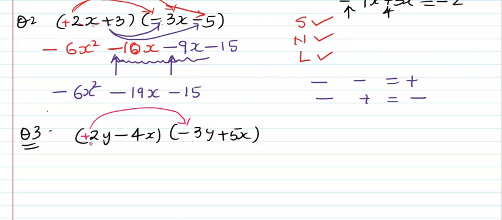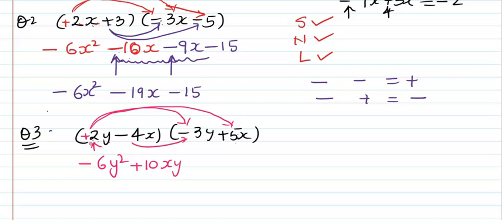Once you multiply, plus and minus becomes minus, and 2 times 3 is 6, multiply the number, and then y square. So now you understand we are multiplying this. So plus and plus becomes plus, multiply the number, here this 2 and this 5. So 2 times 5 is 10. y times x is xy.